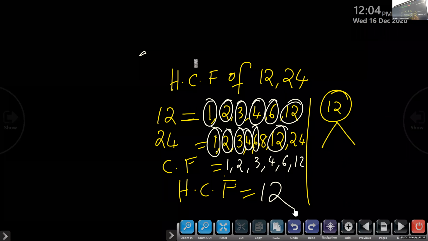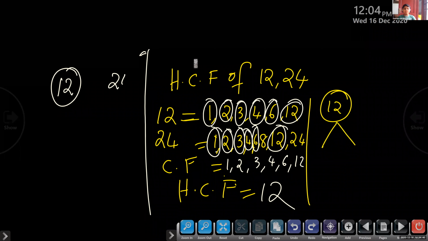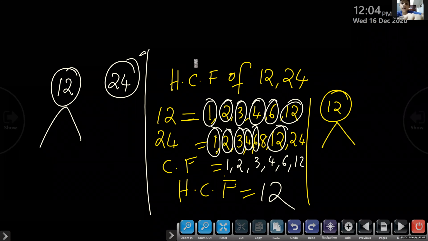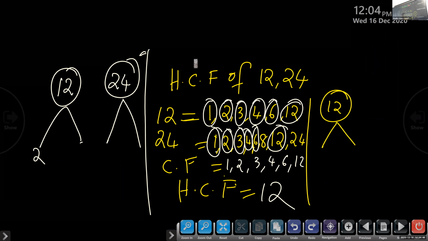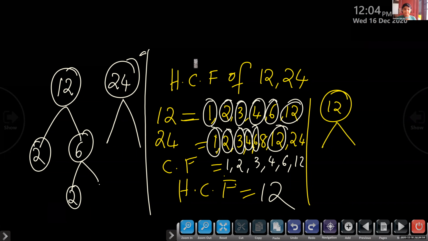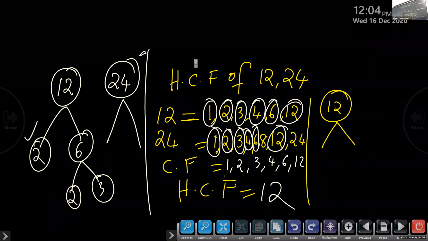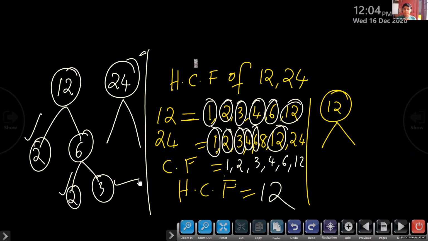Now, children, do the prime factorization method for 12 and 24, using the factor tree. We can take 2 into 6, and this 6 can be divided again into 2 and 3. So 12 can be written as 2 into 2 into 3.